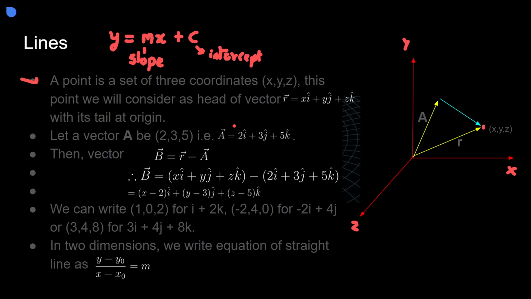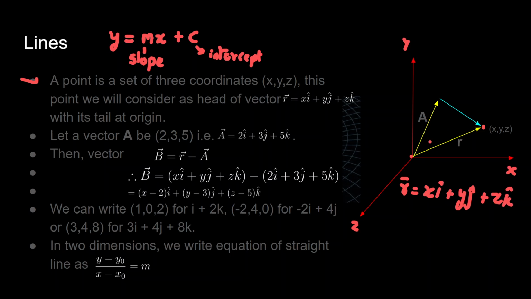If I draw a vector r like this, the head of the vector will be at the point x, y and z, while the tail is at origin. So this vector r, I can write as x i cap plus y j cap plus z k cap.